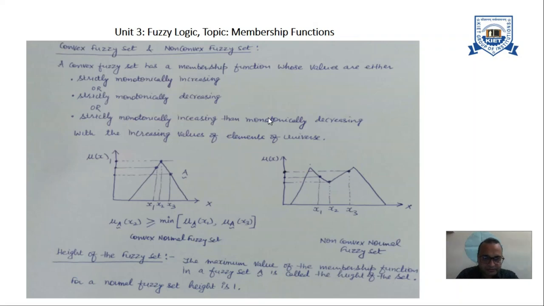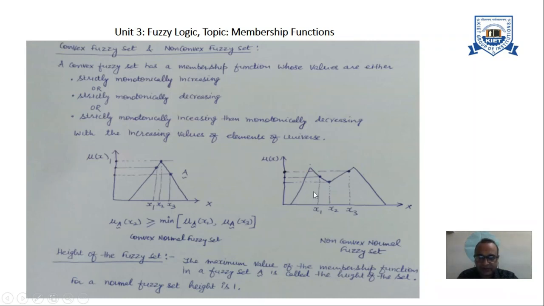So see here, you can take any three elements. For these three, membership values are increasing. If we take these three elements, membership values are decreasing. If we take these three elements, x1, x2 and x3, from x1 to x2 it is increasing, from x2 to x3 it is decreasing. So here the third condition is satisfied. So we can say that the third condition has been satisfied, so it's a convex fuzzy set.